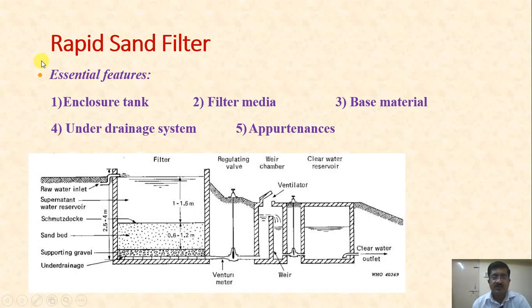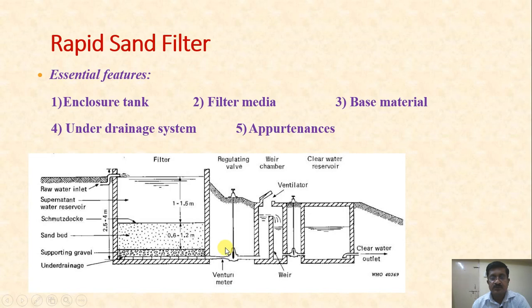So for the rapid sand filter, the essential features are the enclosure tank, filter media, base material, under drainage system, and various appurtenances. As you can see, a filtration tank is there where you can find the water level, then the sand bed, then the gravel bed, and the under drainage arrangement.